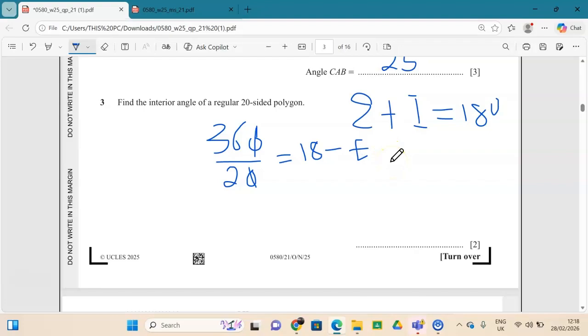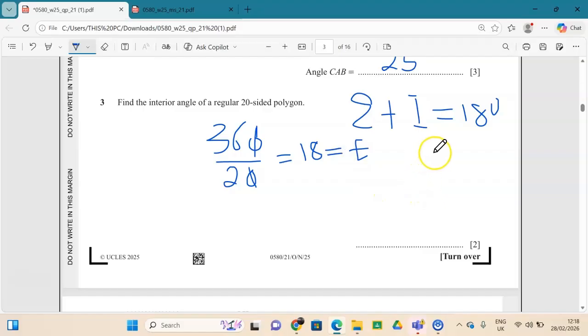Now I know that exterior plus interior will produce 180 degrees. Since I've gotten my exterior to be 18, I want to get the interior.